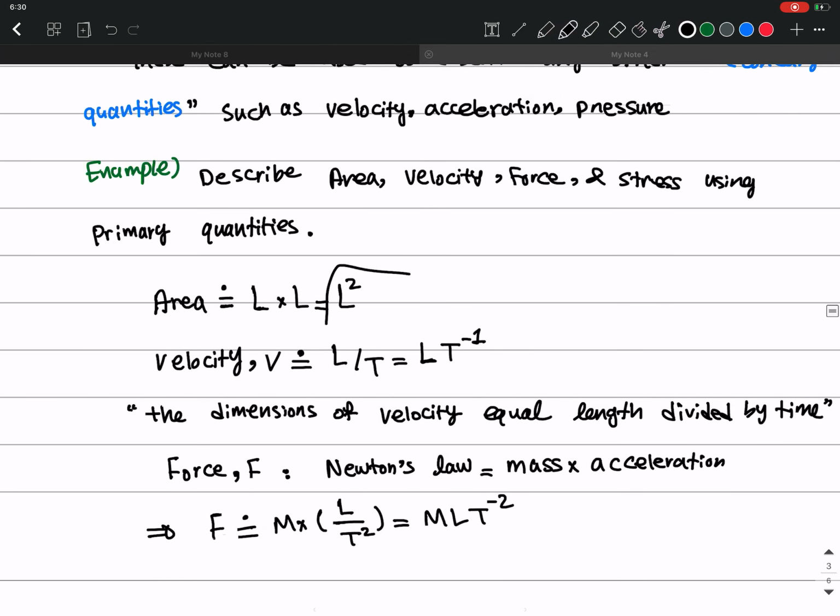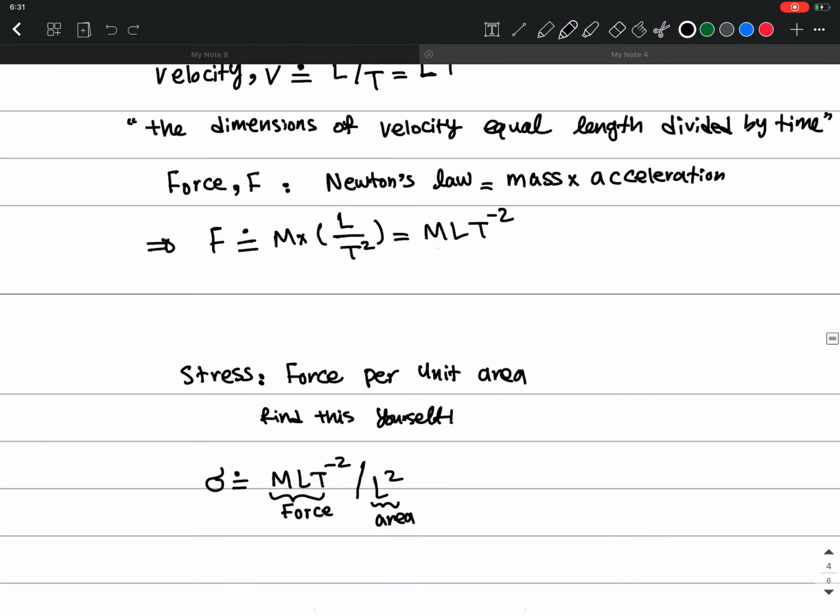We had it here. So this is M L T minus 2, or force, per unit area, or L squared. So what would it be? It will be M. This L will cancel out, and we will only have one L here. So it's going to be M L minus 1 T minus 2, correct?